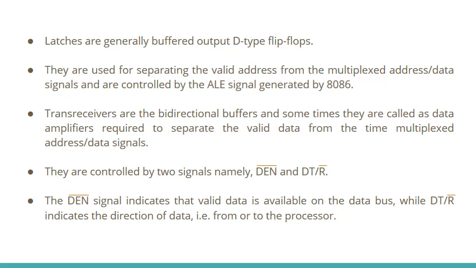DEN bar is the data enable signal and DTR bar is the data transmit and receive signal. The DEN bar signal indicates whether valid data is available on the data bus, and the DTR bar signal indicates the direction of the data, that is whether it is a transmit or a receive operation.